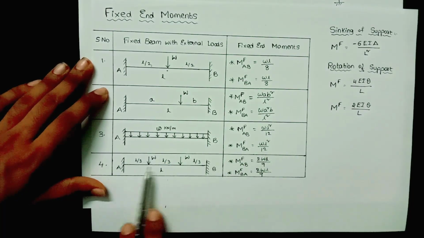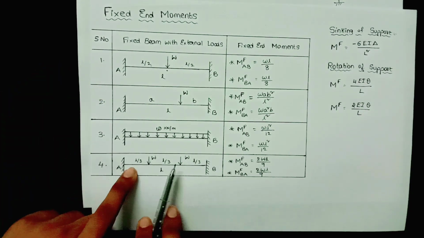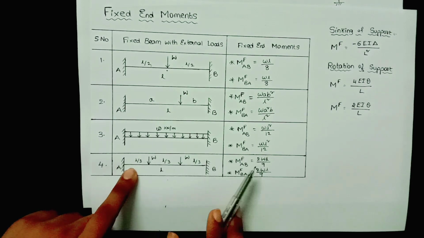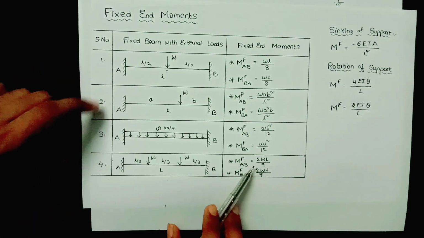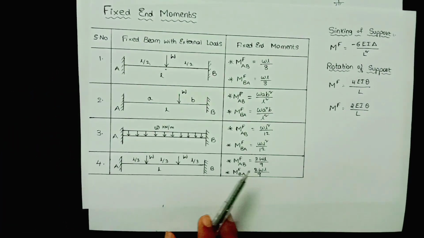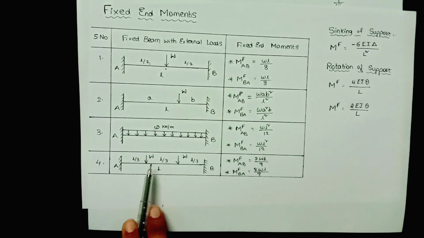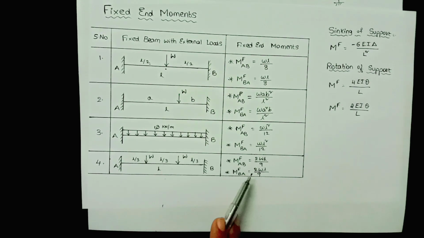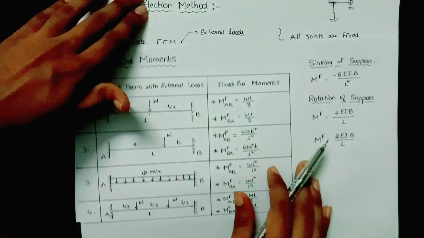If the fixed beam contains two point loads which are equidistant from each other, that means L by 3, L by 3 and L by 3, then these are the formulas we should use. Mainly we have to work with the first three formulas. These are not much important. This formula is applicable only when the loads are equal and equidistant from each other.